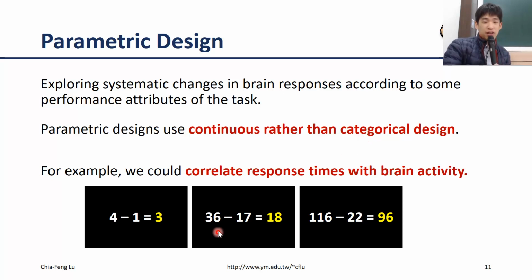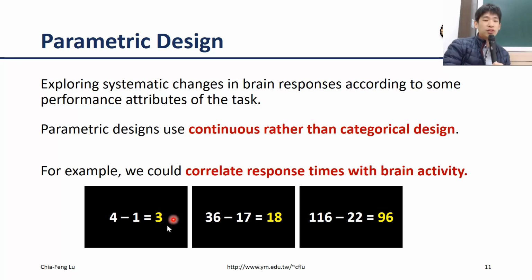So in this case, we can take an example where we correlate the response times with brain activity. Please look at these pictures. Now we ask the subject to do mental calculation. For the very first case, we say this is the lowest mental load, because the subjects only need to do the so-called one-digit subtraction. 4 minus 1 equals 3.